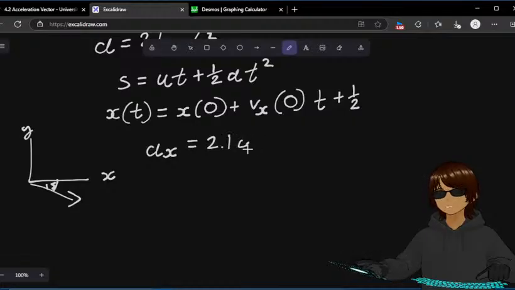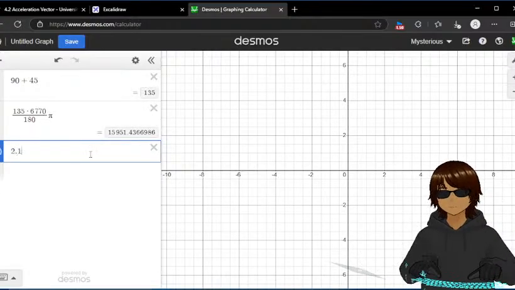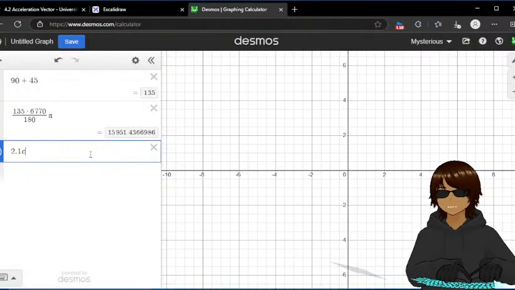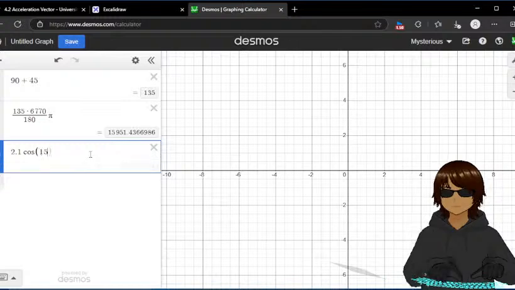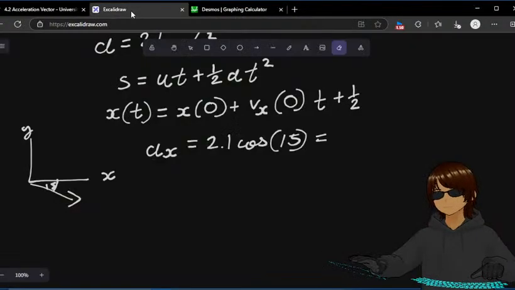The x acceleration is 2.1 cos 15, which is about 2.28444. Just write it like this.